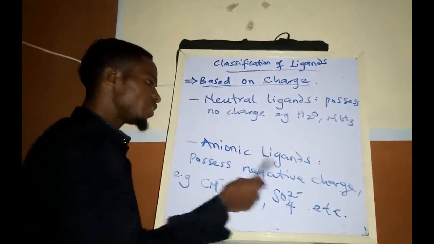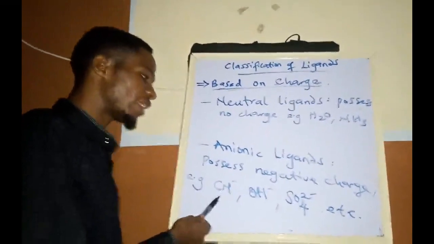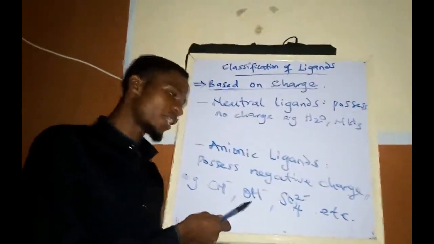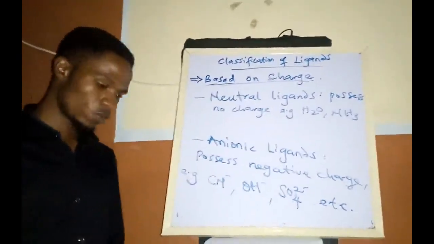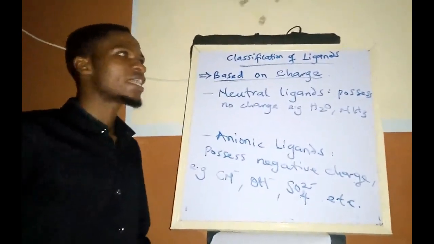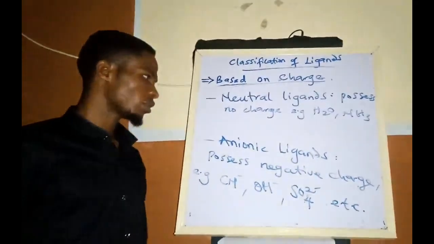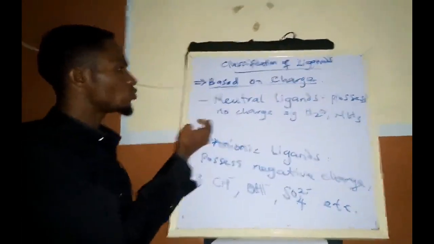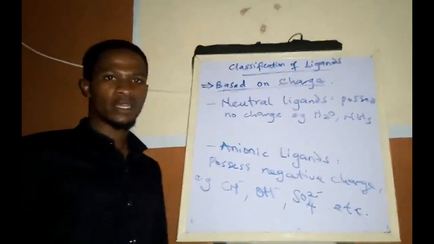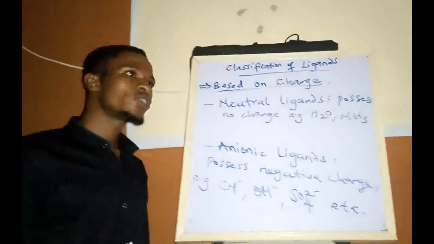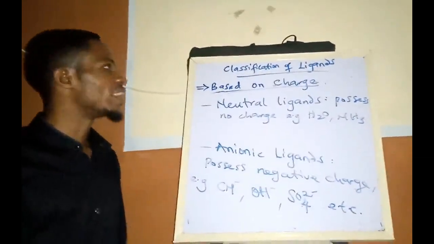And for the anionic ligands, they possess negative charge. Example are cyanide, OH minus, SO4 2 minus, and so on and so forth. So in the next class, we will consider how to name the neutral ligands and the anionic ligands, which will lead us to naming of coordinate compound.